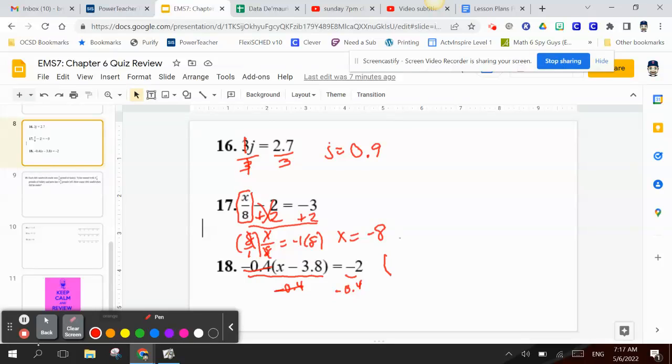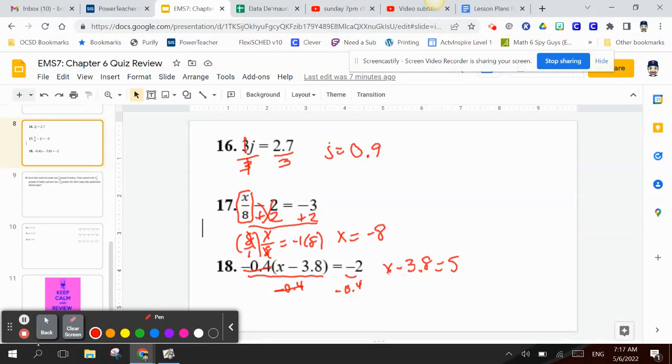I have x minus 3.8 equals negative 2 divided by negative 0.4, which is 5.